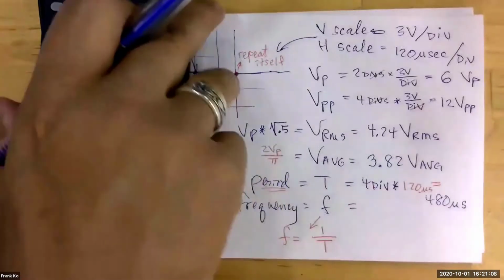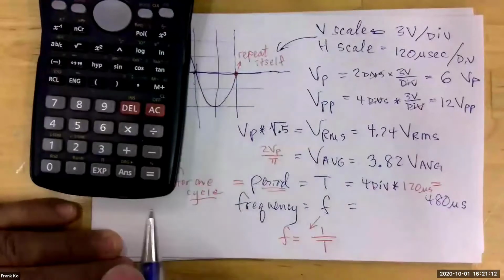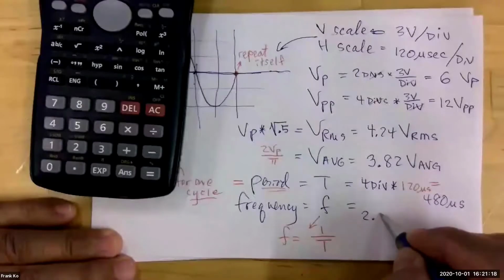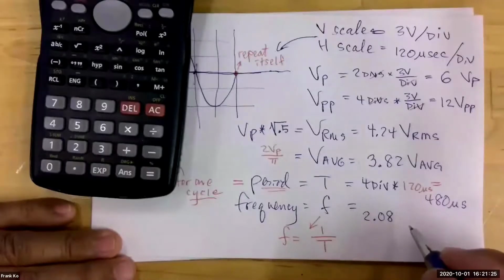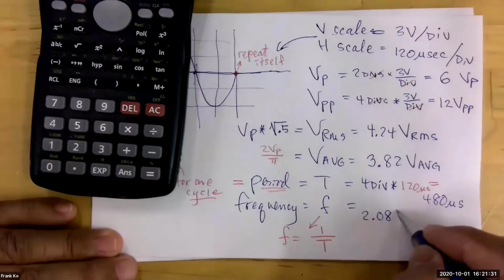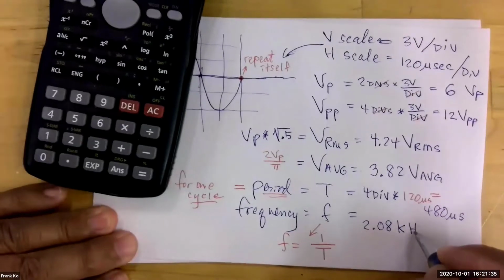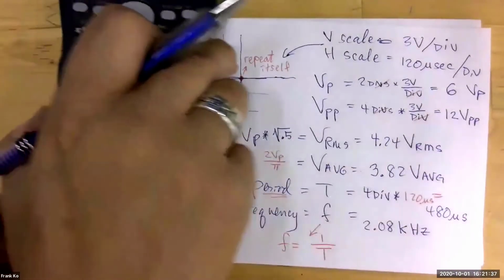And what is it that you calculate for frequency to be, Yusef? I got 2.08 kilohertz. Okay, how many of you agree with 2.08 kilohertz? Raise your hands. Okay, so 2.08 kilohertz. And we're going to confirm that right now.